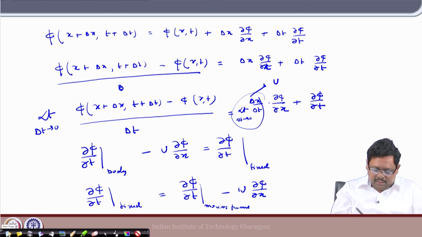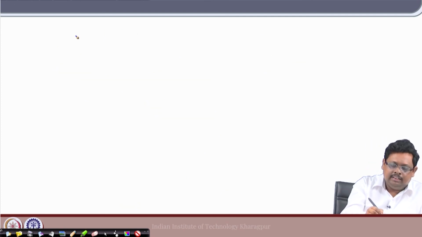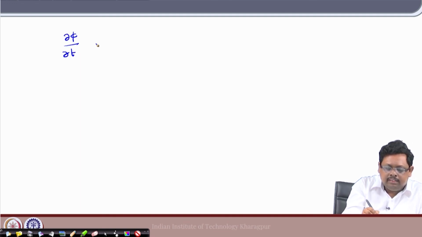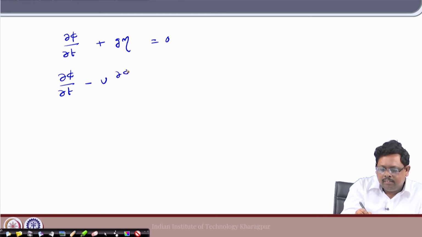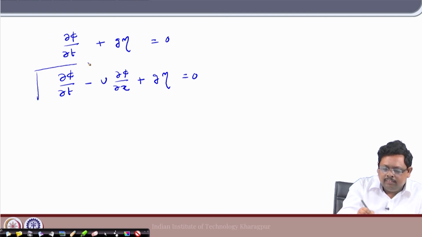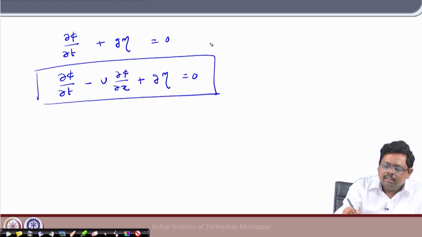Now, with this knowledge, I just replace this in the dynamic free surface boundary condition, which is del phi del t plus g eta equal to 0. Now, I am going to write it as follows: del phi del t minus u into del phi del x plus g eta equal to 0. So, this is going to be my dynamic free surface boundary condition.